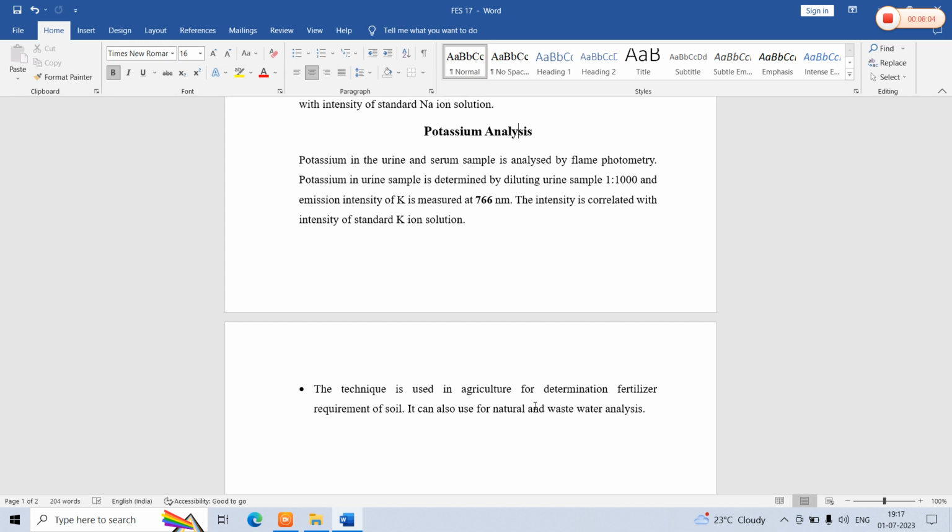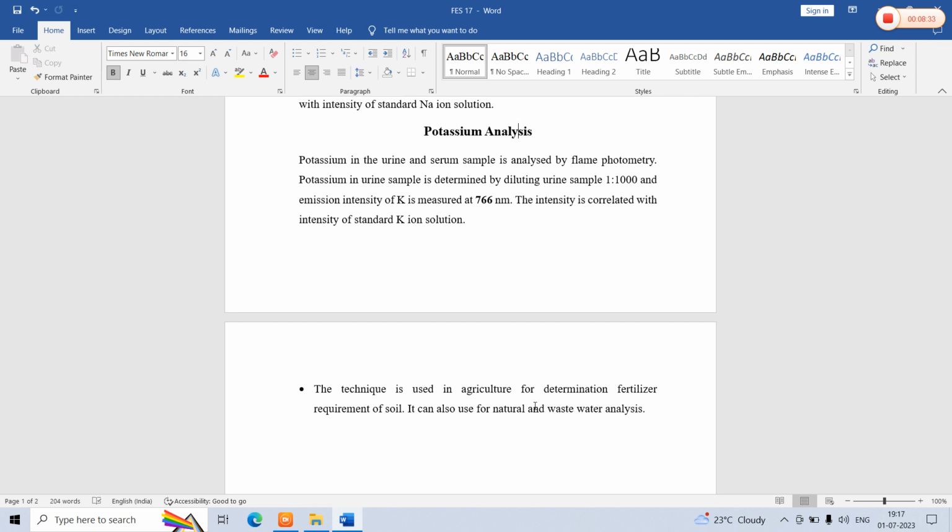The technique is used in the agriculture field to understand the needful proportion of the soil constituents. It can also be used for natural water analysis and polluted or wastewater analysis. The technique is very useful: it gives identification, and qualitative as well as quantitative information.